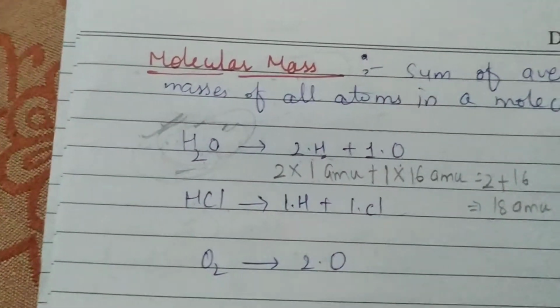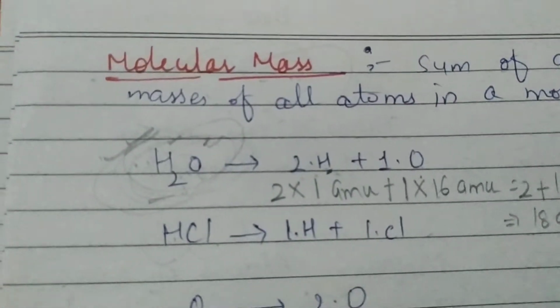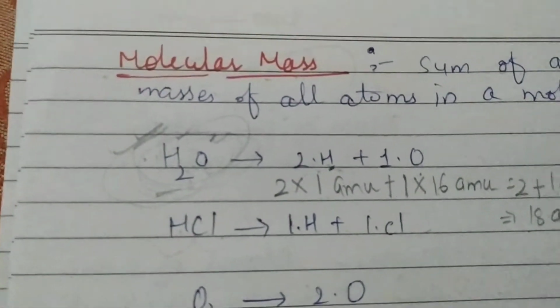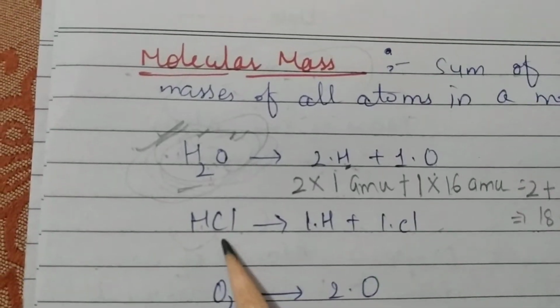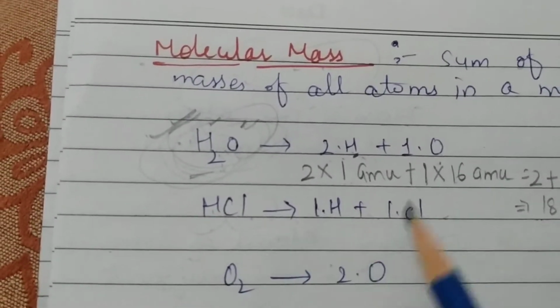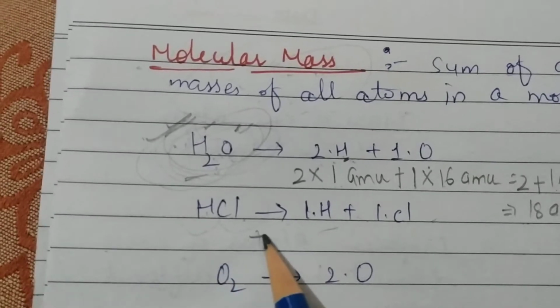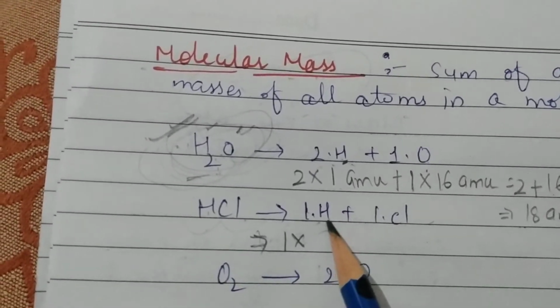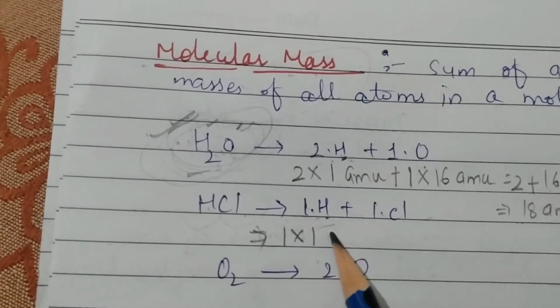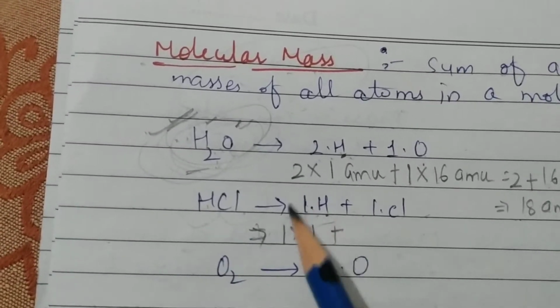So it is very easy. You have done the molecular mass in your previous class also. So likewise, we will calculate the HCl. Now it's your turn. Tell me. 1 into mass of hydrogen, which is 1, right? Only one atom present here.